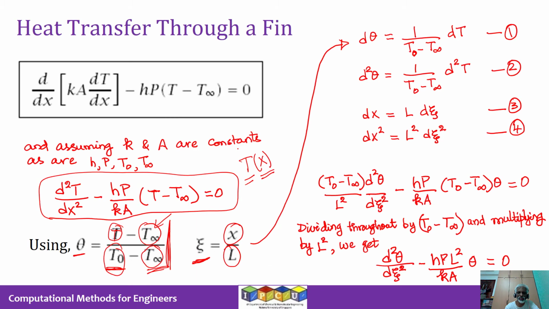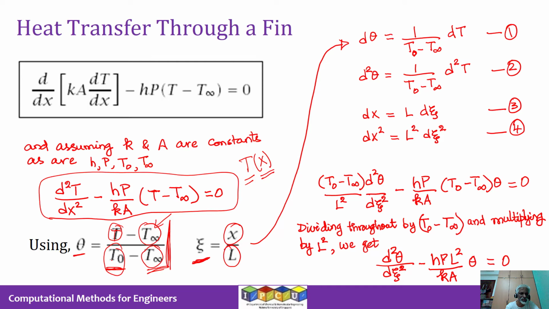And we are defining this new variable psi as x by L. So psi will go from 0 to 1, because at x is equal to 0, psi is 0 by L, which is 0, and at the tip of the fin, x is equal to L, therefore psi will be L by L, which will be equal to 1.